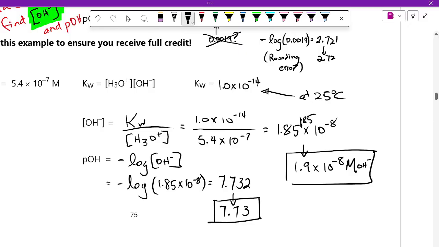And when I take the log of that, I don't do anything. I've got that number in my calculator, and now I press log, and I get 7.732. So yeah, 7.73.